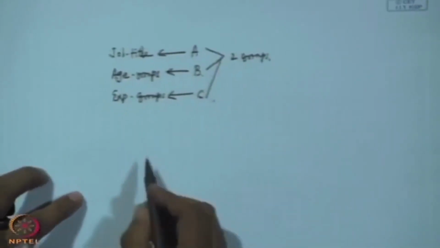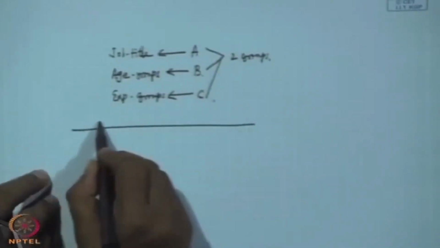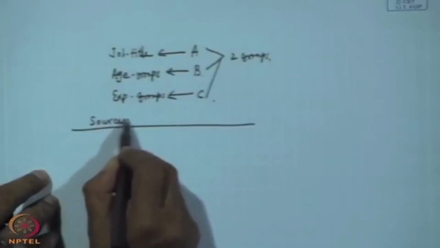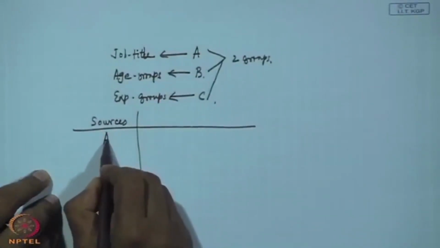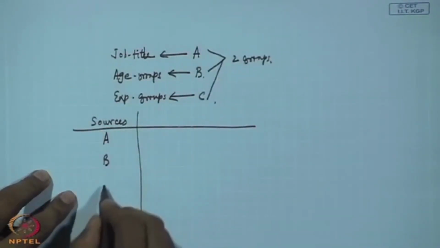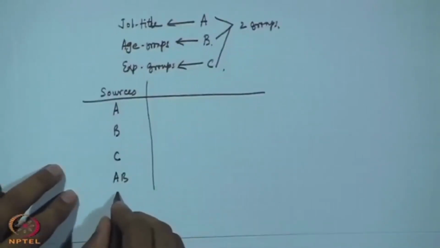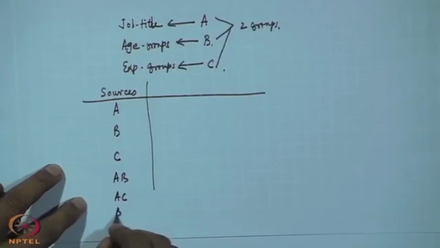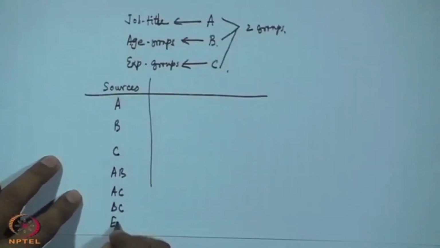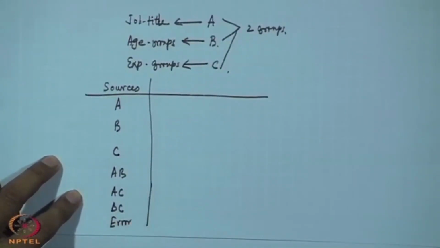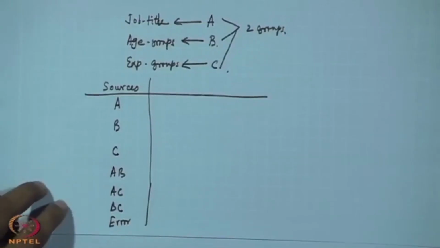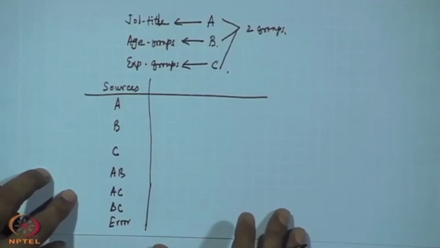So, if I say what are the sources of variation, then you can write here: first is factor A, then factor B, then factor C, interaction AB, interaction AC, interaction BC and error. Is it problematic? Very simple. So, this is the beauty of ANOVA.